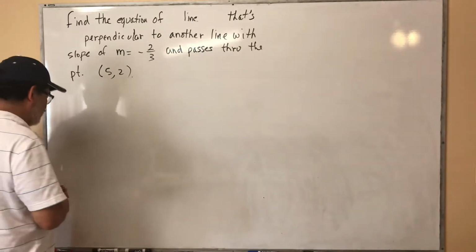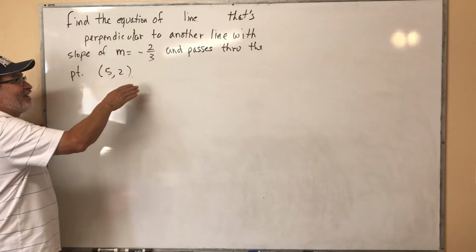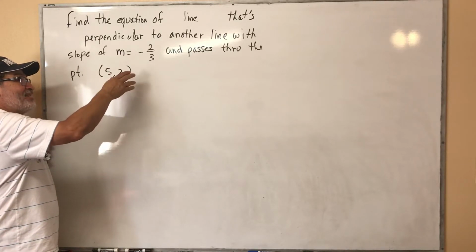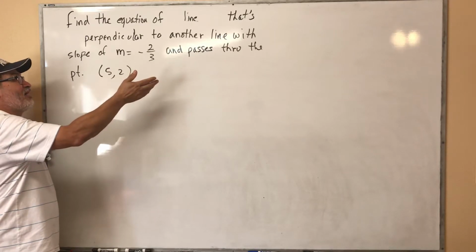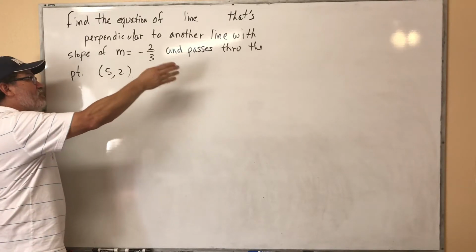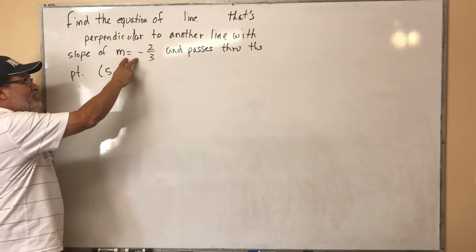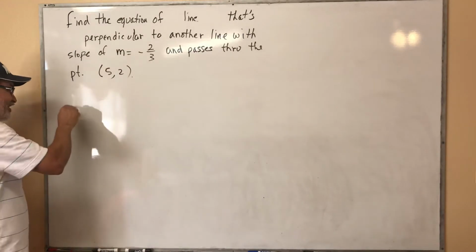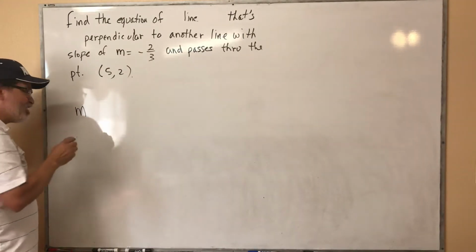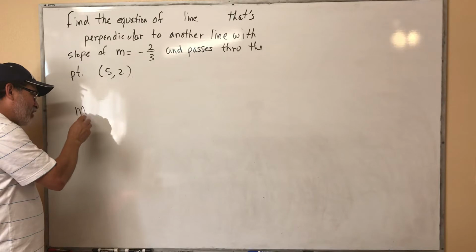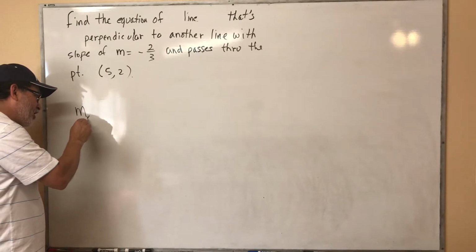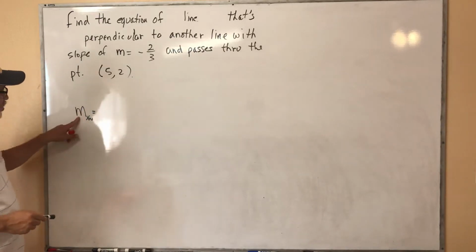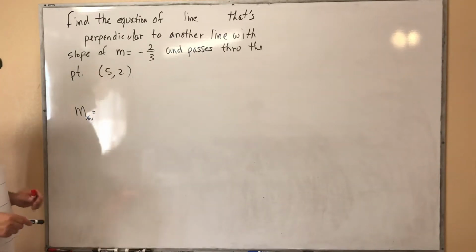So, if the line that you're looking for is perpendicular to another line that has this slope, that means that the line that you want, I'm going to call it line U. This is the slope of the line that you want.